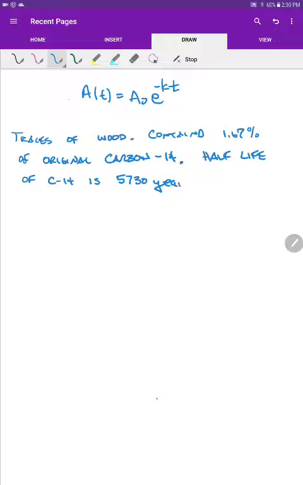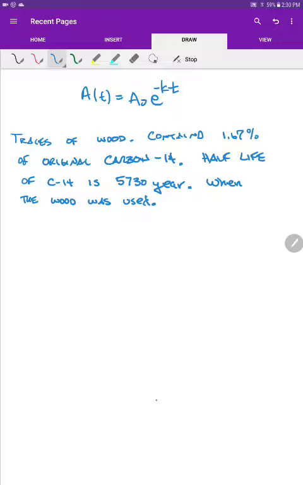That means that if you have a piece of carbon-14 that weighs a pound, in 5,730 years it'll weigh half a pound. So from this information we want to determine when the wood was burned. I'm going to put used here, when the wood was used, because it's of the unburned portions of the wood that they probably are taking the samples.